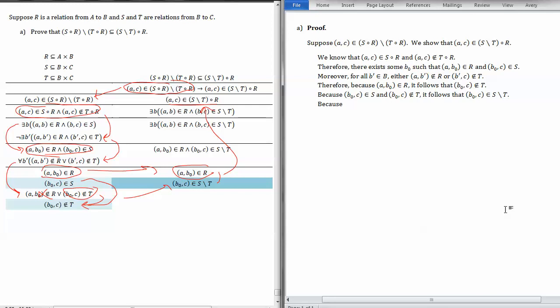So say because A B naught is in R and B naught C is in S minus T from the previous line, it follows that A C is indeed in S minus T composed with R. Okay. And that finishes the proof.